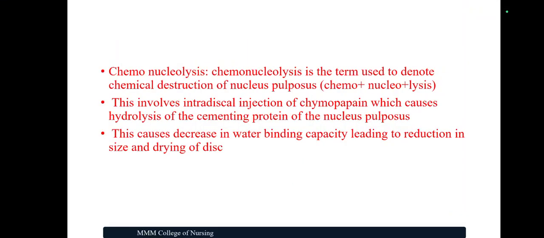Chemonucleolysis involves chemical destruction of the nucleus pulposus, by intradiscal injection of chymopapain, which causes hydrolysis of the proteoglycan of the nucleus pulposus. This causes a decrease in water binding capacity, leading to reduction in size and drying of the disc.